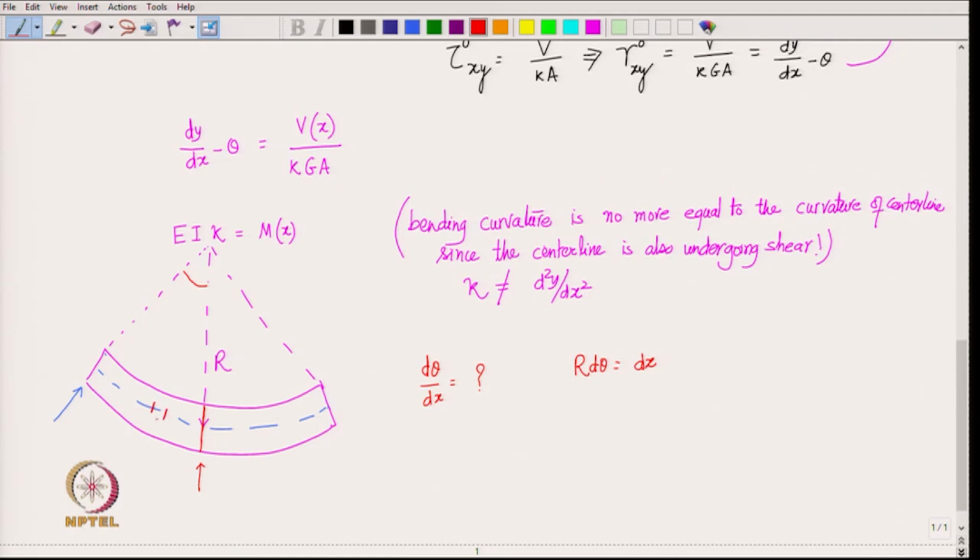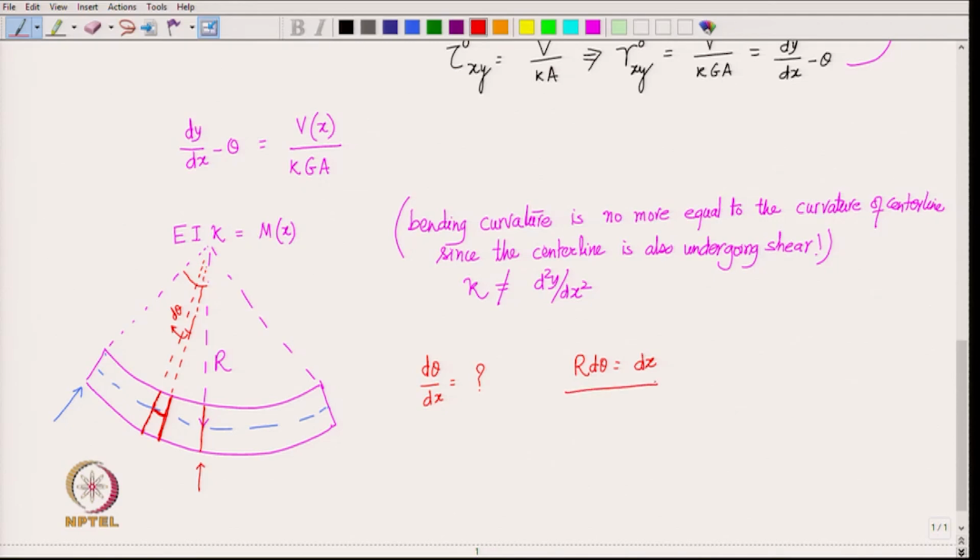For example, this arc is dx and the angle, if that is your dθ, then the two cross sections here, the relative rotation of those two cross sections is dθ and the arc is dx, the original distance between the two cross sections.